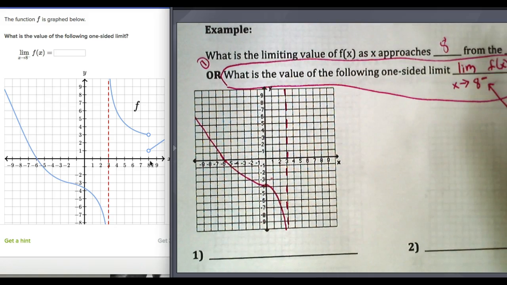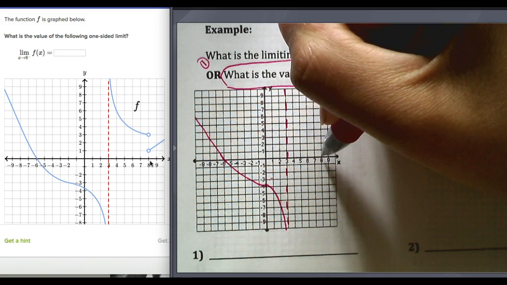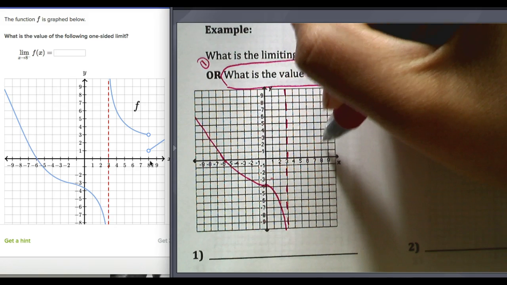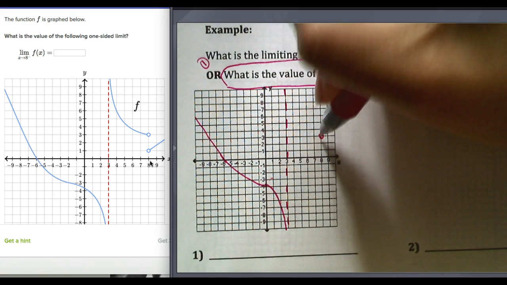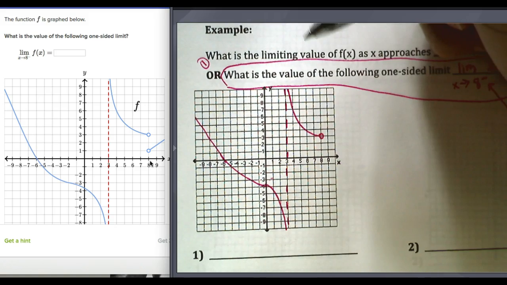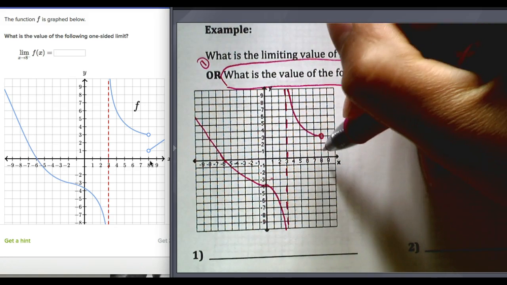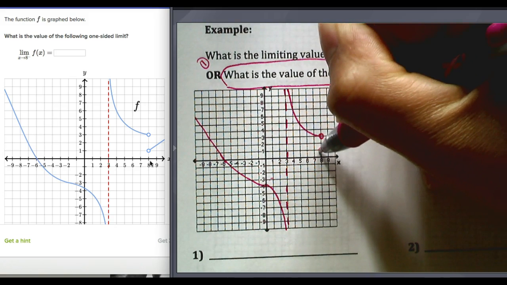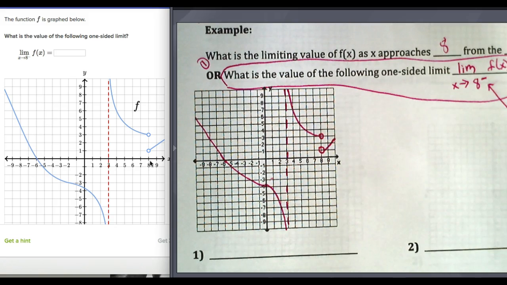Then at 8, we have an open circle at 8, 3. And this function goes upwards towards positive infinity. And then we also have an open circle at 8, comma 1. And this one is a straight line that's going to go out in this direction. So this is our rough sketch.